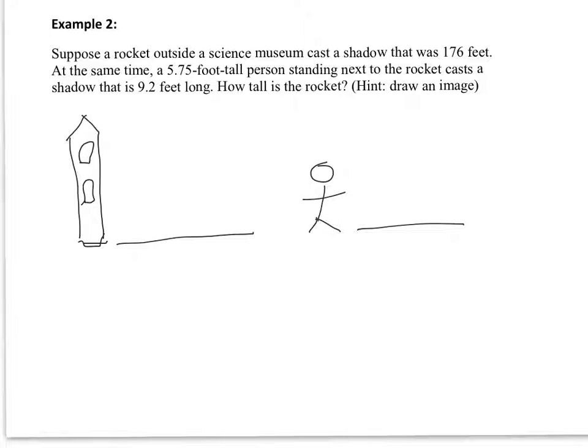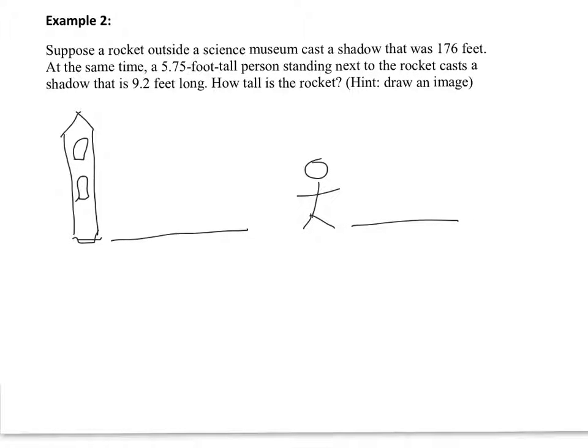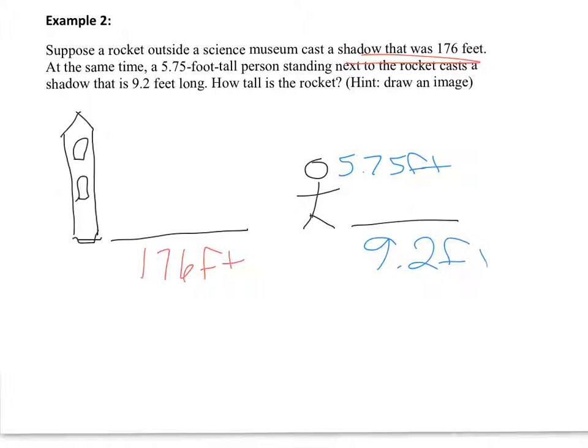Now, we have our rocket ship, which has a 176 foot shadow, so that would be this part right here. And then the person we know is 5.75 feet tall, and they cast a 9.2 foot shadow.